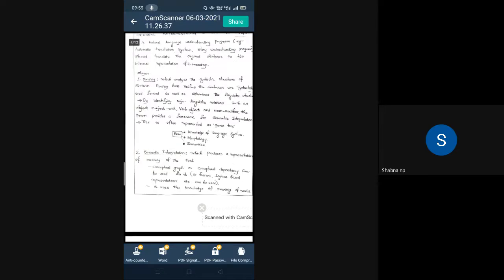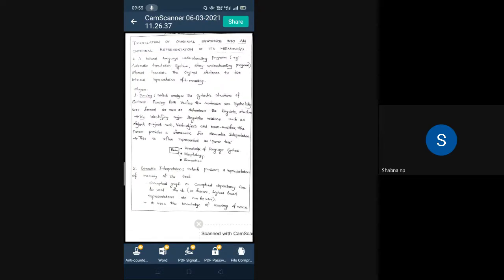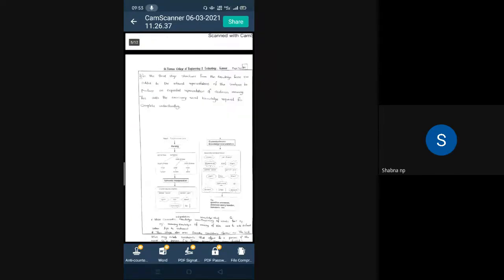One is parsing. You know what parsing is. Second is semantic interpretation. Third, we will convert it to an internal representation, for which we will use our third module, the studied representation schemes, for example a semantic network.